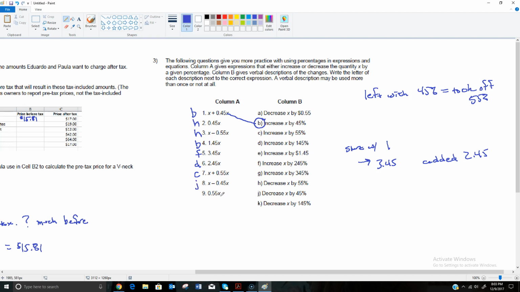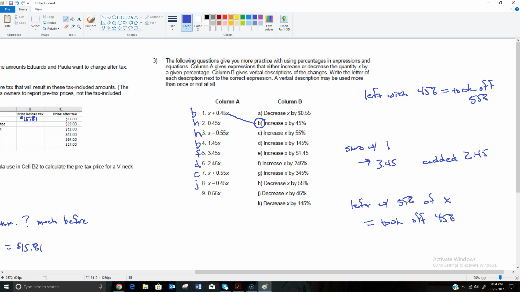And then this right here, again, we don't have x plus or x minus, we just have 0.55x. So if we're left with 55% of x, that means they took off 45%. These two amounts have to add up to 100%.